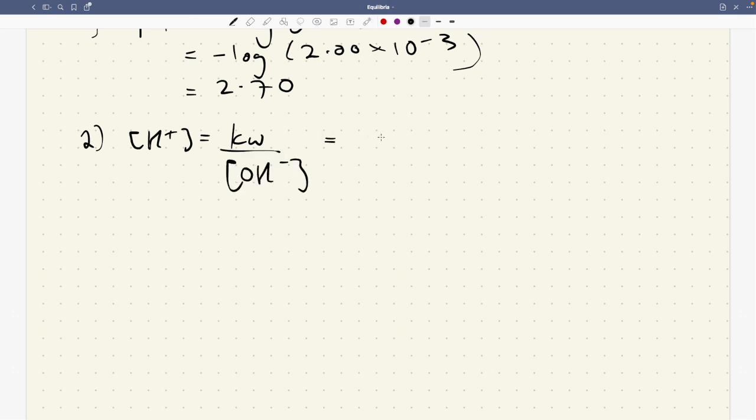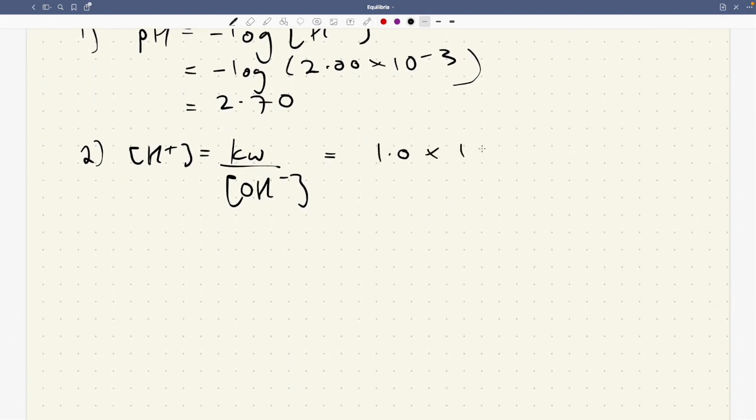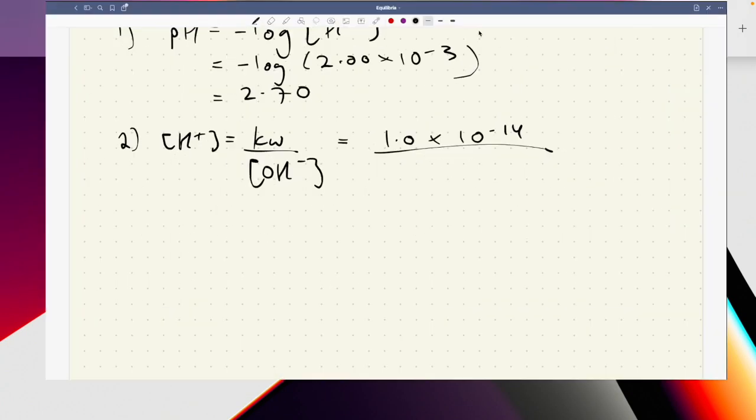Our Kw value is that constant up there, 1.0 times 10 to the minus 14. And then we're assuming the concentration of hydroxide is going to be equal to the concentration of the sodium hydroxide. You can think in terms of stoichiometry of these complete dissociations: 1 mole of that goes to 1 mole of that. So 0.0500.